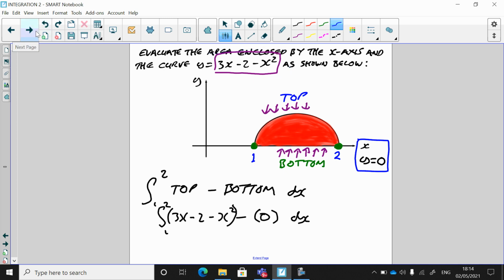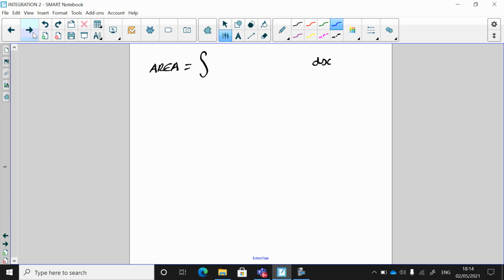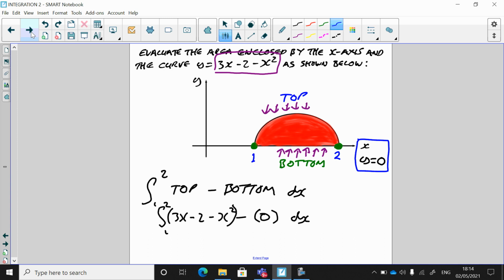So we're going from 1 to 2 of 3x take away 2, take away x squared, and take away 0, that doesn't matter. So let's start integrating here. We've already been given the bounds, 1 and 2. From the picture, they have given you that, that's fine, 1 and 2.